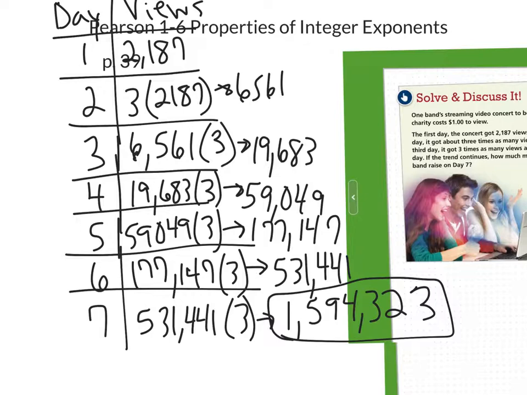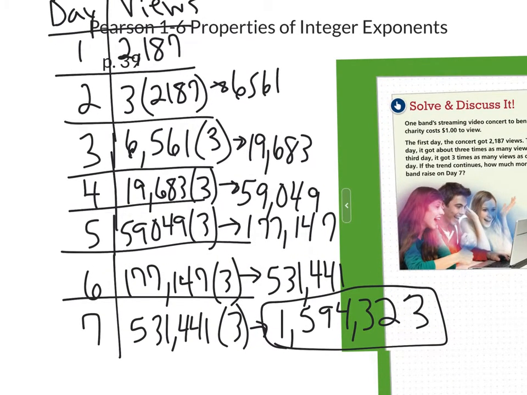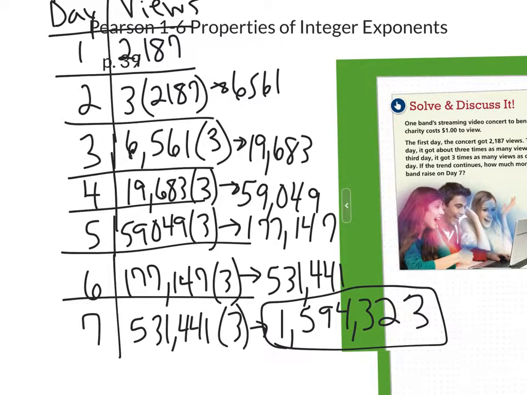Another way of doing this is thinking about it: we ended up multiplying by 3 1, 2, 3, 4, 5, 6 times. And technically 2,187 is actually 3 to the 7th power if we break that down.